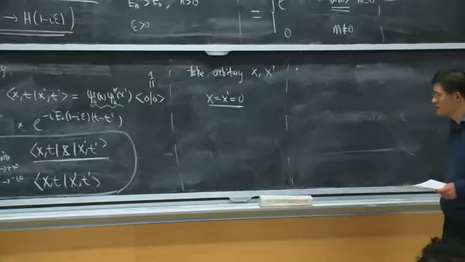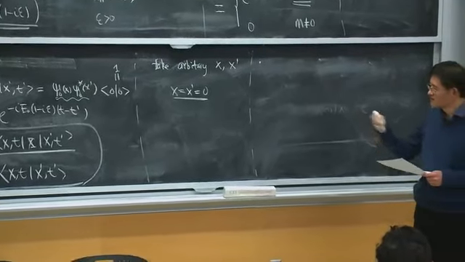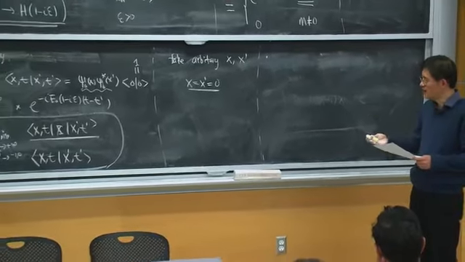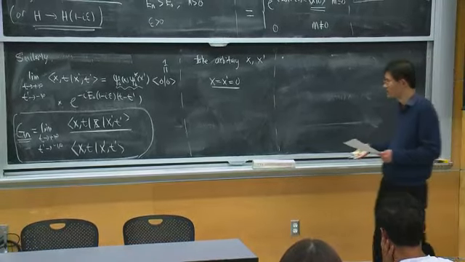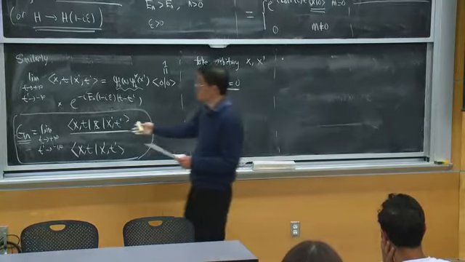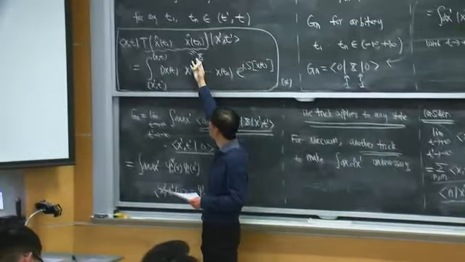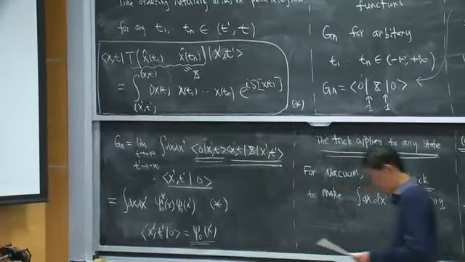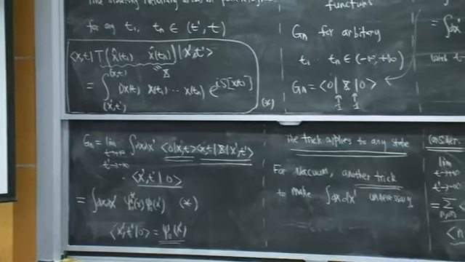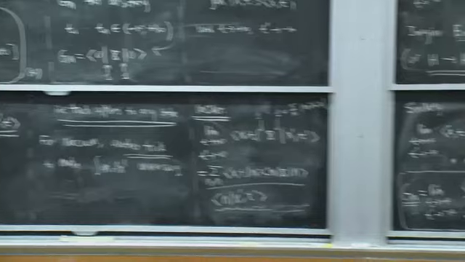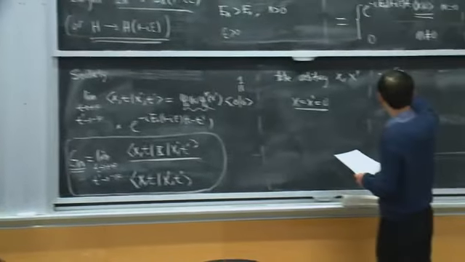But often it's actually not the smartest way to directly calculate such an endpoint function. Often it's not the smartest way. So there's something a little bit more clever. It's called the generating functional.